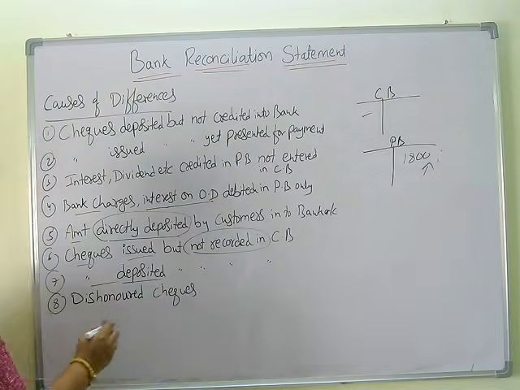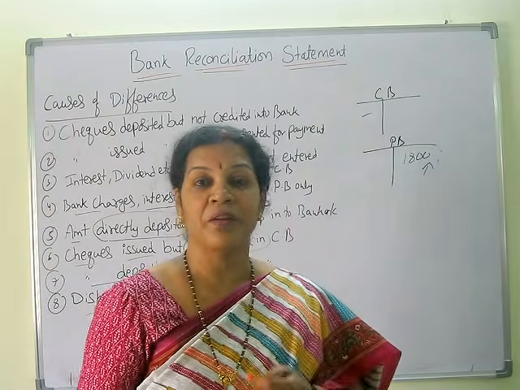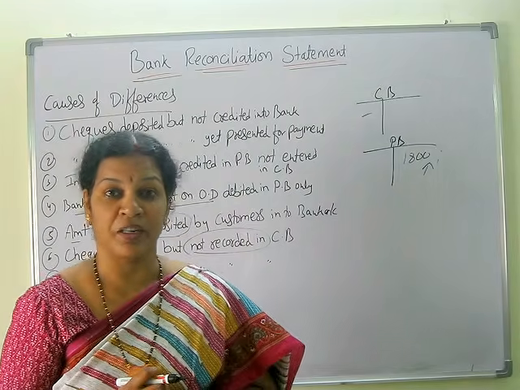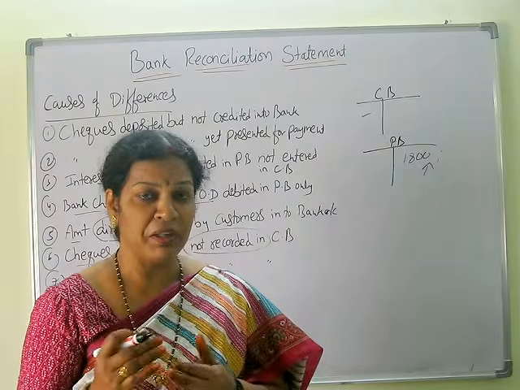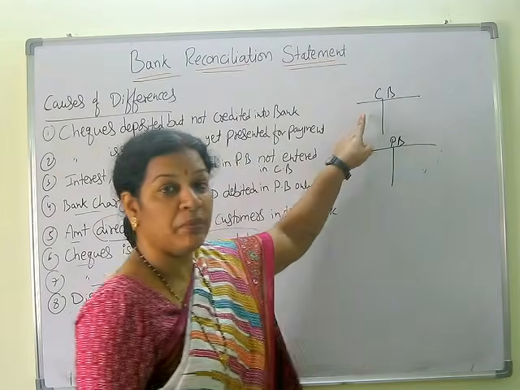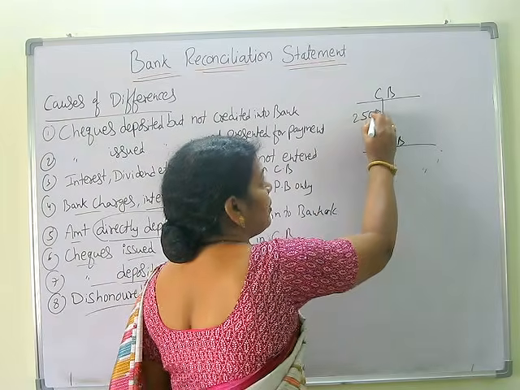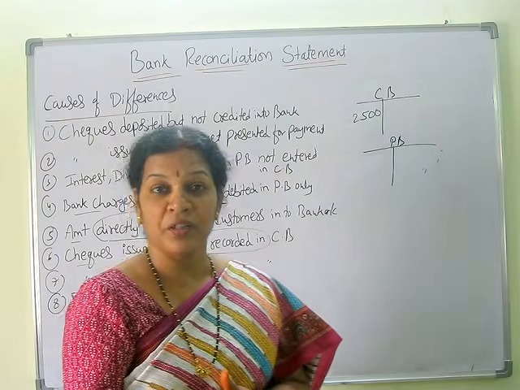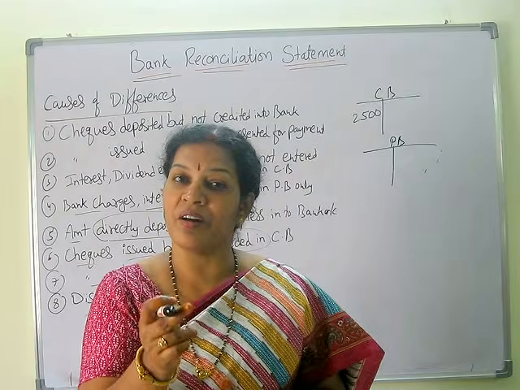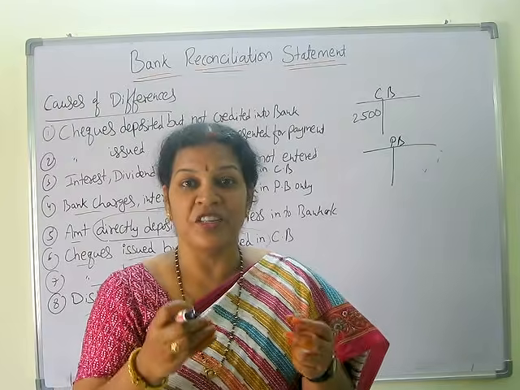And the last one, dishonored check. Dishonored check means we have deposited a check into the bank. Whenever we deposit, we write it on the debit side, say the check is 2500. We deposited the check into the bank but it is dishonored. Dishonored means not accepted, rejected.